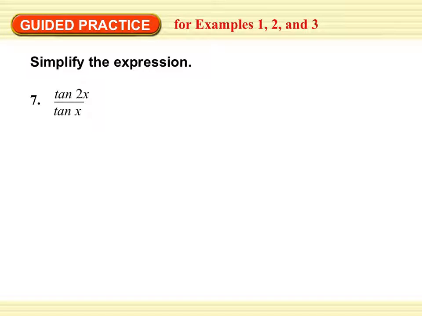Okay, let's simplify this one. I have tangent 2x. I go to my key concepts. Tangent 2x is the same as 2 tan x over 1 minus tan squared x.